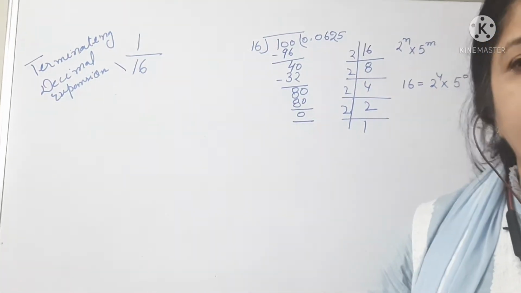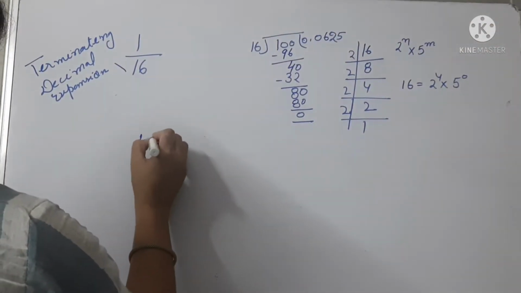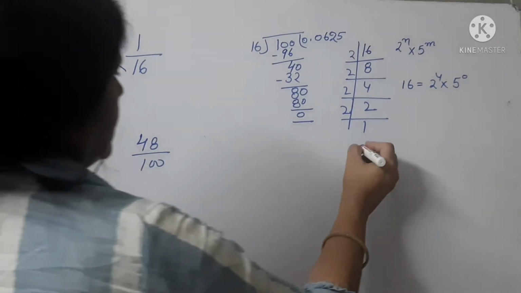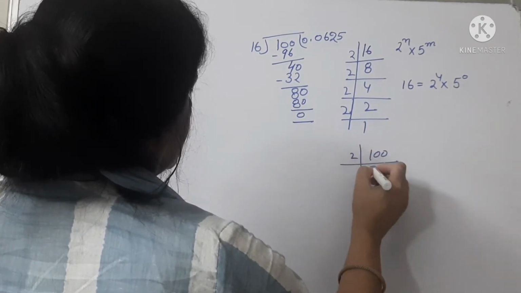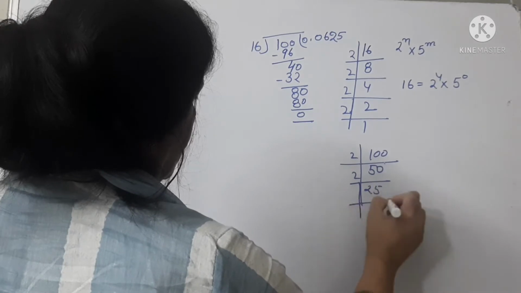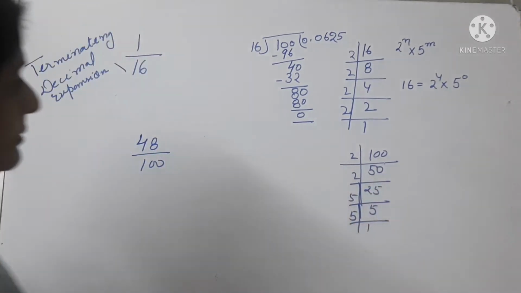Is it clear? Now take one more example. For example, 48 upon 100. First of all, we see there 100. Find the prime factors, that is 50, then 25, and then 5 5s are 25, and then 5 1s are 5.